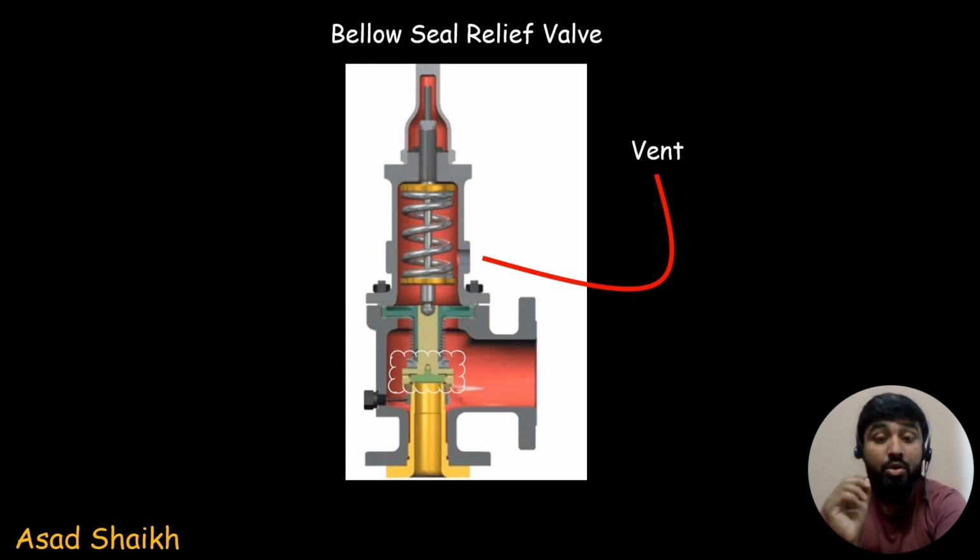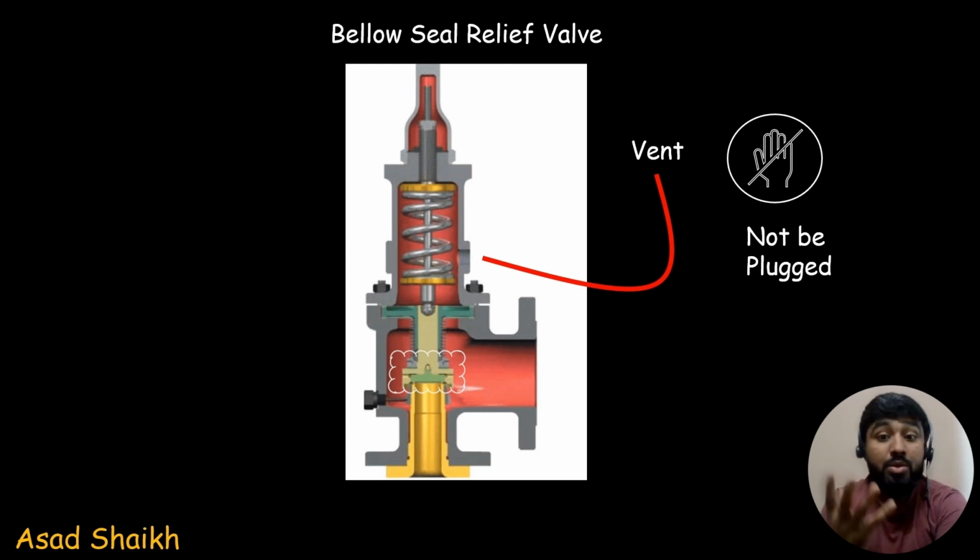This vent plug here for bellows has to be open for breathing of the bellows, and if you close it, you completely defeat the purpose of the relief valve. So all such minor things are covered in the standard, and I highly recommend that you definitely read this standard. It will save a lot of engineering errors, plus it will save lives.